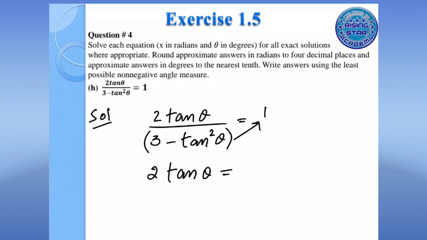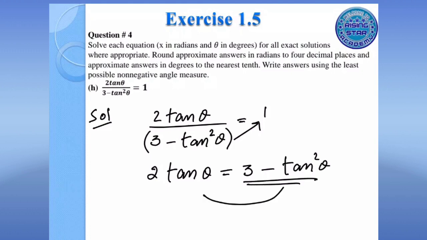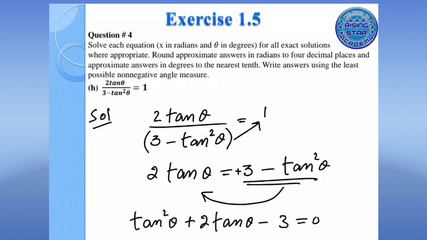So 2 tan theta is equal to 3 minus tan square theta. Now we will shift this value on the left side. So negative tan square theta would become positive tan square theta, plus 2 tan theta would be written as it is, and this plus 3 would become minus 3 is equals to 0.